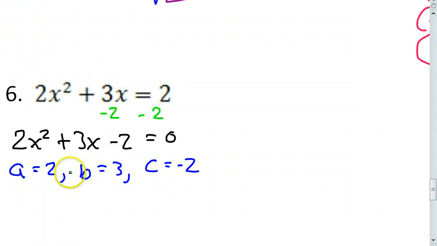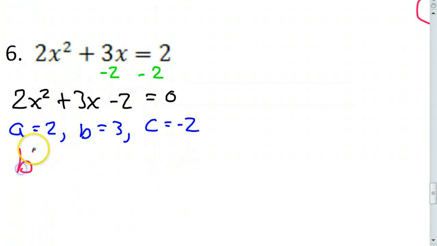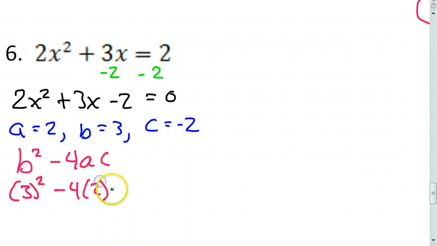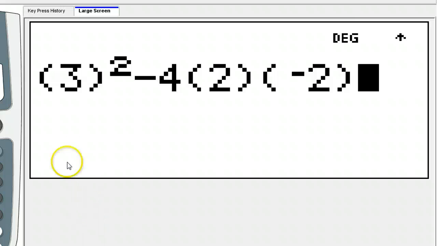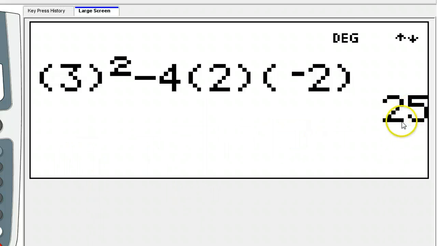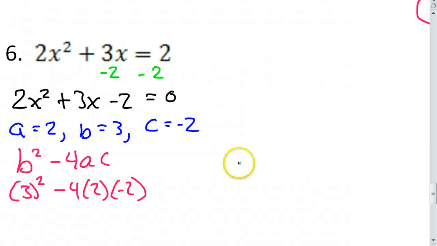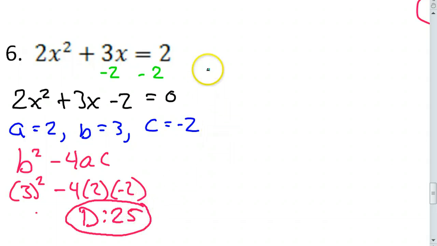Okay, time for the discriminant. b squared minus 4ac. So that's 3 squared minus 4 times 2 times negative 2. That gives me a discriminant of 25. So now we can go ahead and do the rest of the problem.